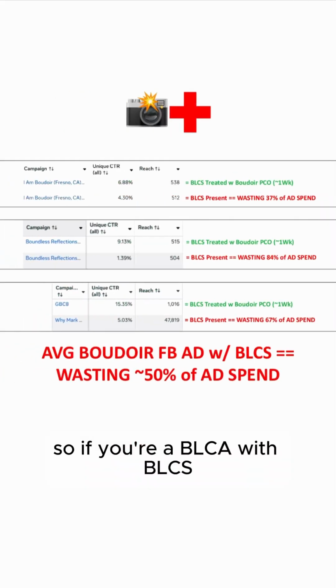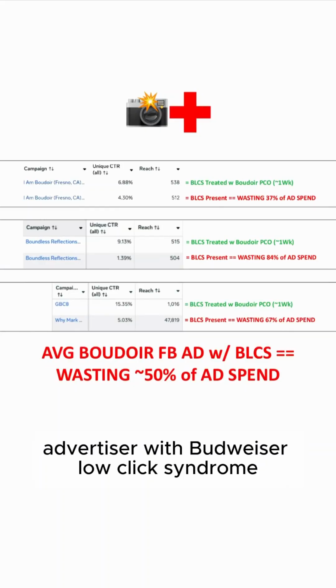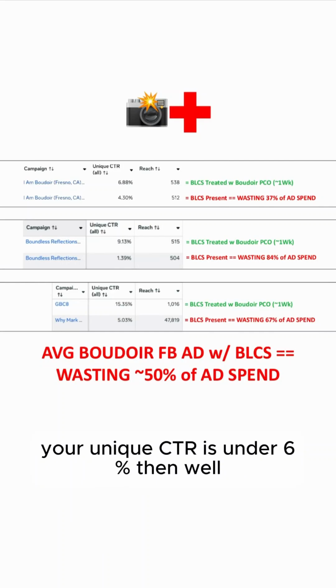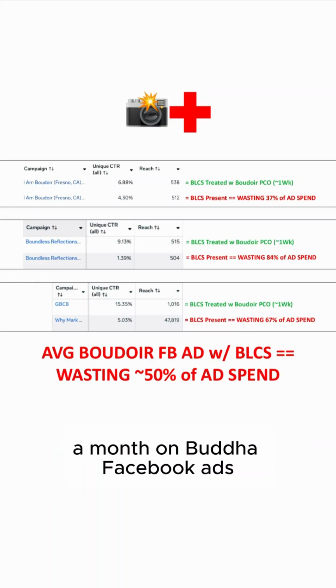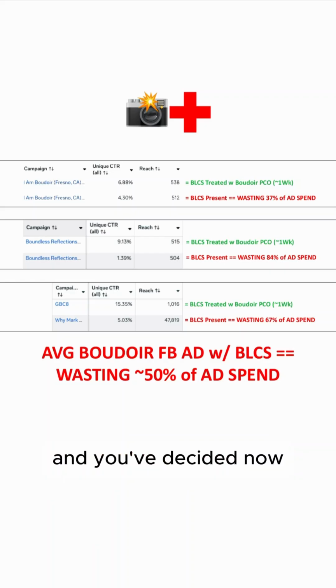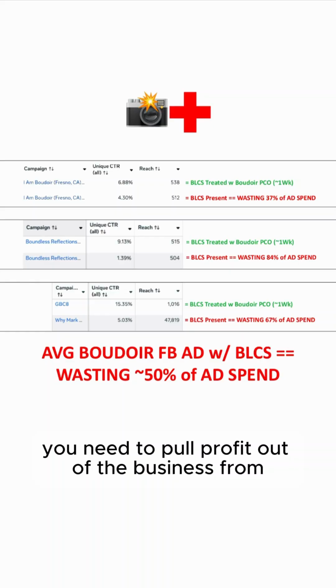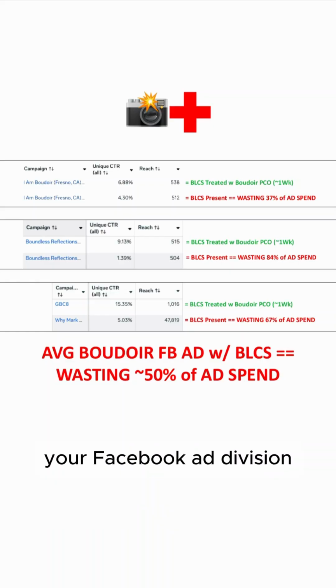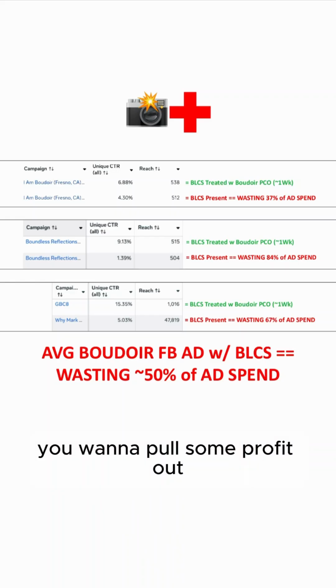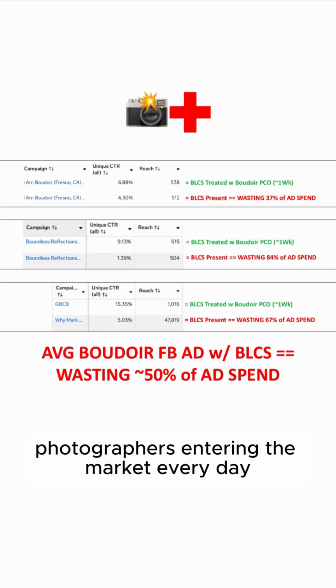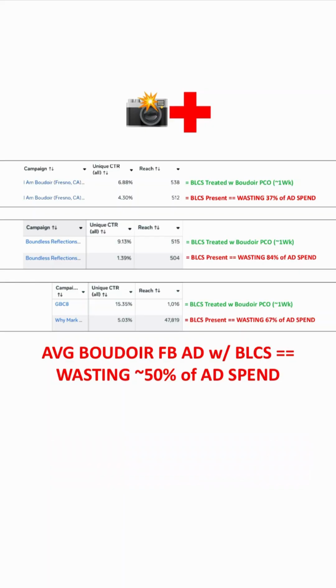So if you're a BLCA with BLCS, so if you're a Boudoir low click advertiser with Boudoir low click syndrome, your unique CTR is under 6%, and you're spending more than 10 grand a month on Boudoir Facebook ads, and you've decided now you need to pull profit out of the business from your Facebook ad division because you've already done it in your other divisions. You want to pull some profit out because you see more boudoir photographers entering the market every day, pushing prices down.